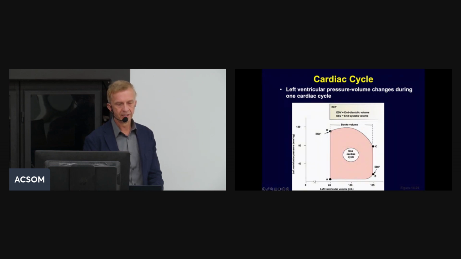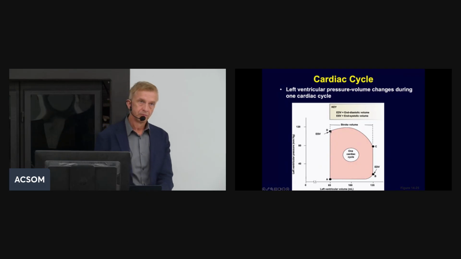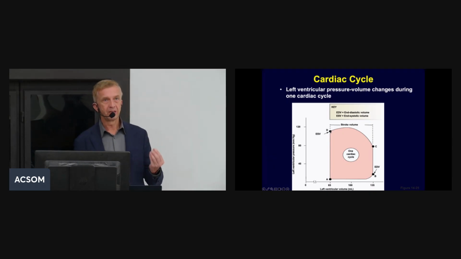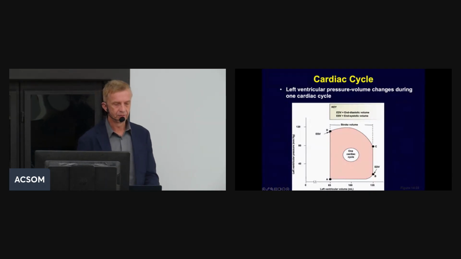So at the end of the ejection phase, which is point D, is the end systolic volume. Whatever was ejected to the body is the stroke volume. Whatever volume was left in the left and right ventricle is called end systolic volume.